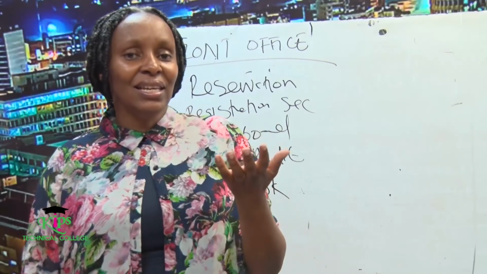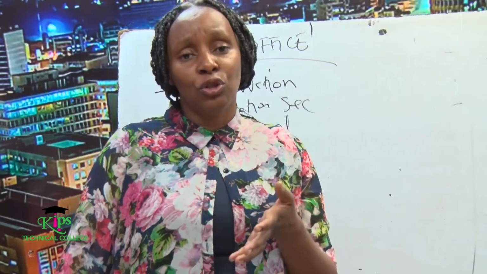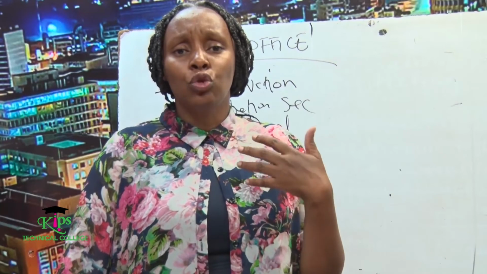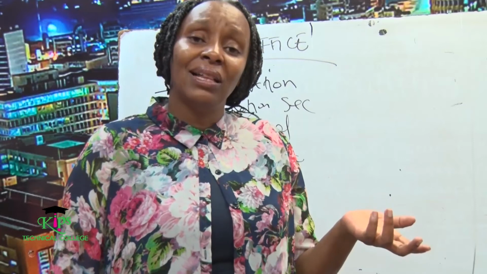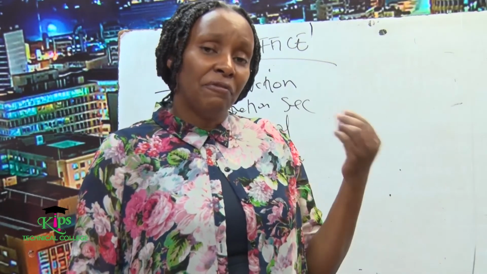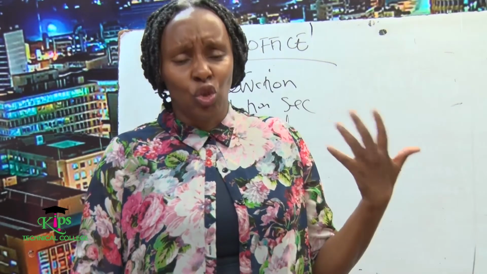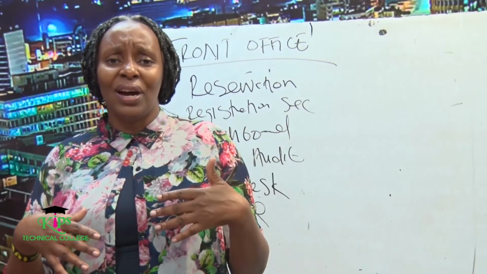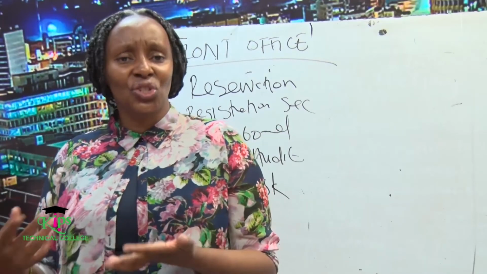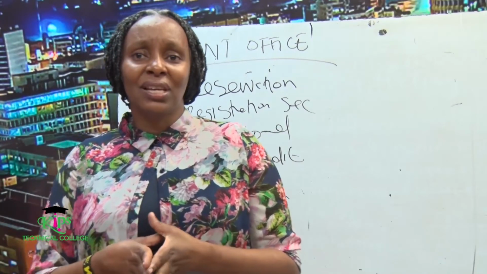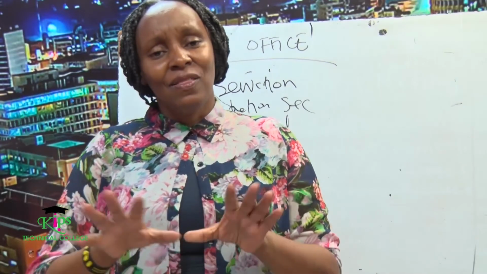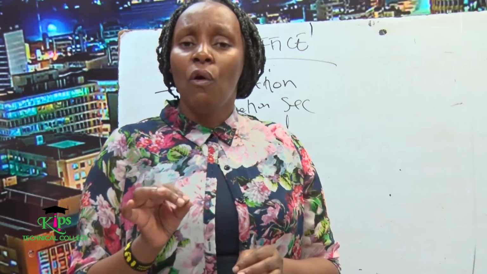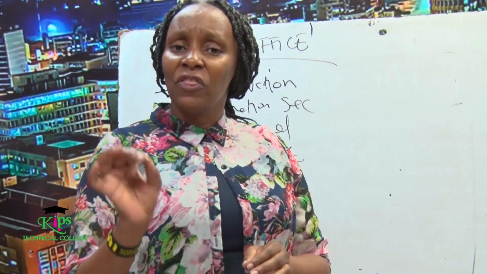Now, as we study this particular unit called the front office, we should be able to understand what it entails, the different personnel that work in this front office, some of their duties, some processes. Like for example, when a guest comes to our organization, how do you register them? What is the process of registration? So basically this is what will revolve around the study of this unit.